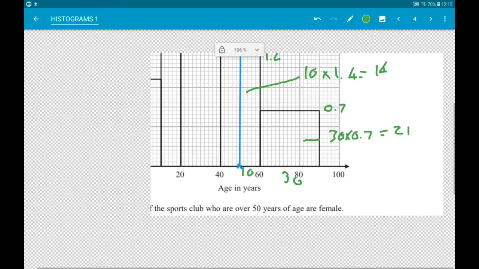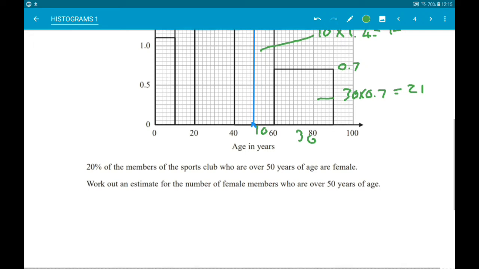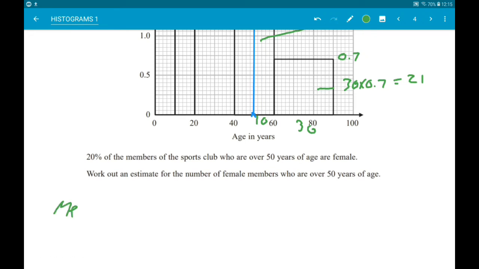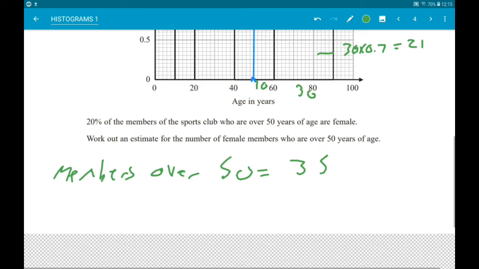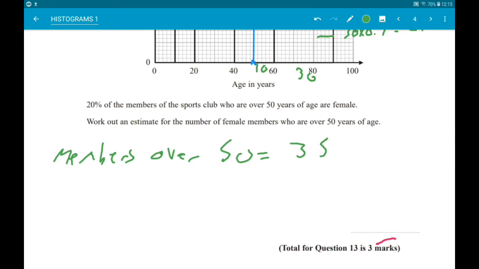So our estimate for the members over 50 is 14 and 21, so 35. Now the females are 20% of that, which is 7.